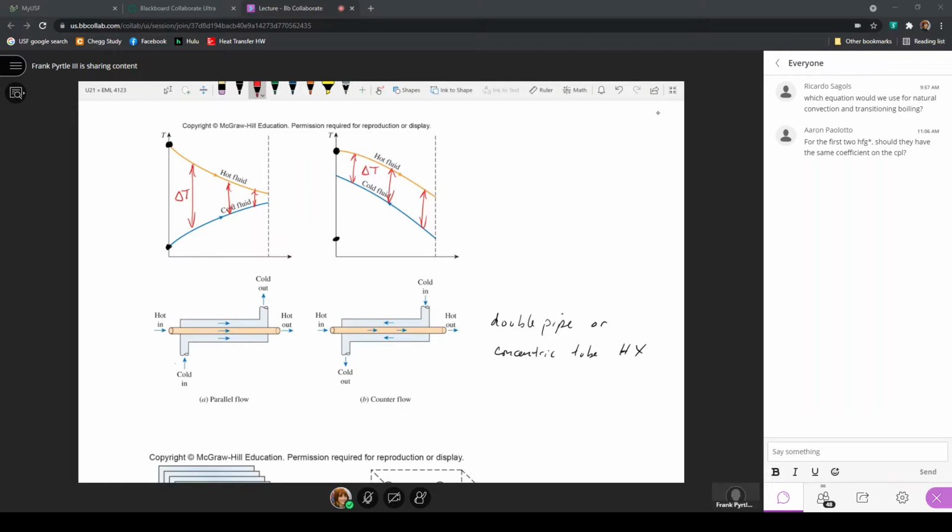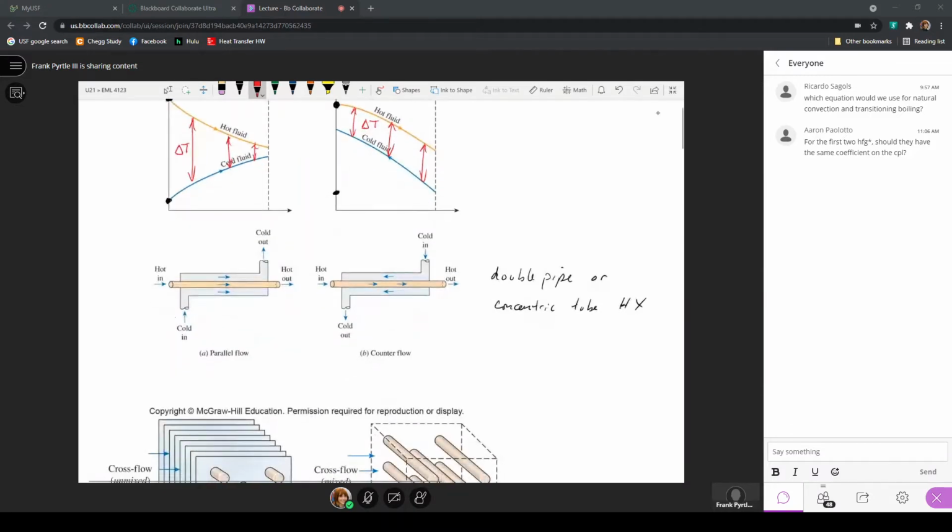This delta T for the counterflow heat exchanger, you end up with a much higher average temperature difference along the entire length of the heat exchanger compared to the average delta T when everything is kept the same except that we change the flow direction.